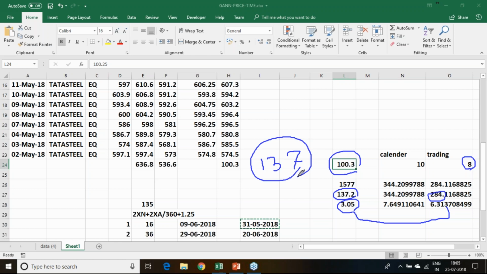So why this 137 degrees? I found that calendar days is not related, only the trading days and the price range are related to each other. So the trading days is 2 times of this price range in terms of its degree, because these numbers now lost their relevance post converting it to degrees. Only we will talk in terms of degrees.